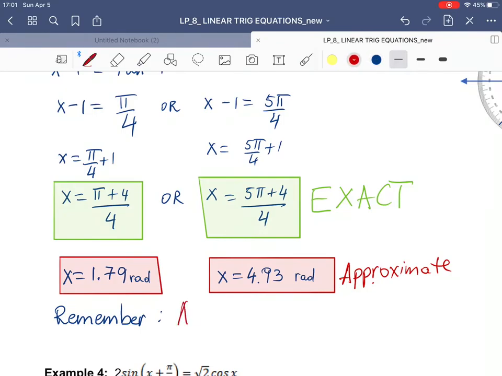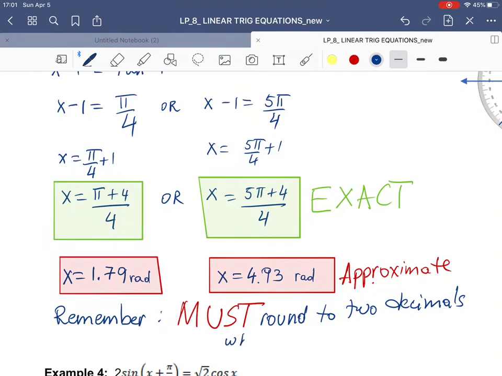So I'm going to make it clear here: round to 2 decimals when angles are in radians.